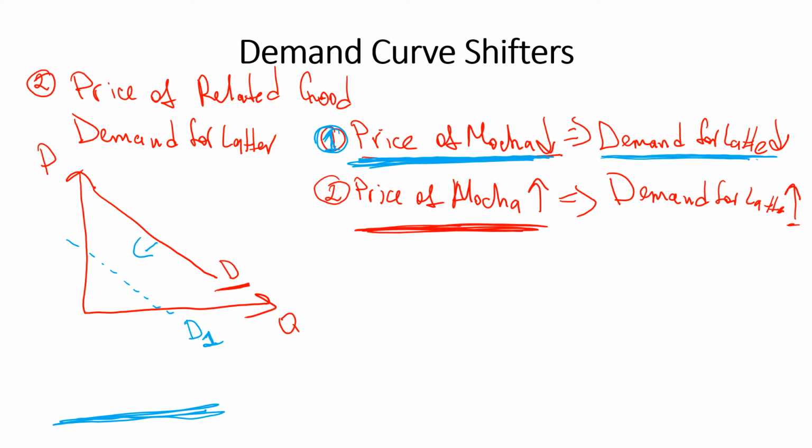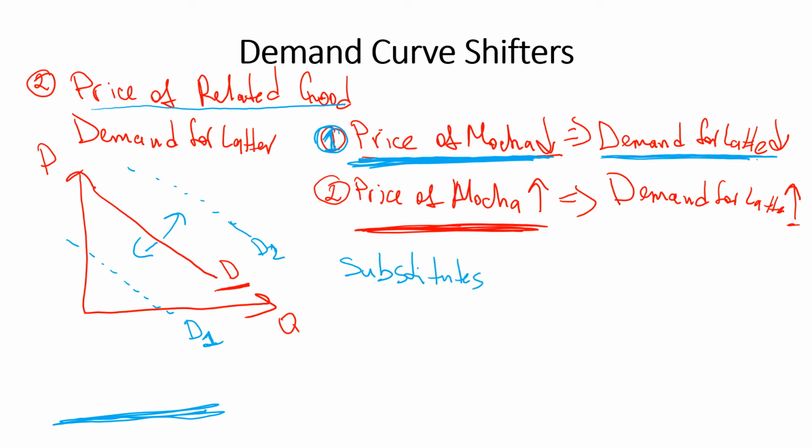So to show this on the graph, remember, an increase in demand is going to be represented by shifting our demand up and to the right. So guys, when we're talking about the change of the price of the related good, we need to differentiate 2 goods. The first good is going to be substitutes.